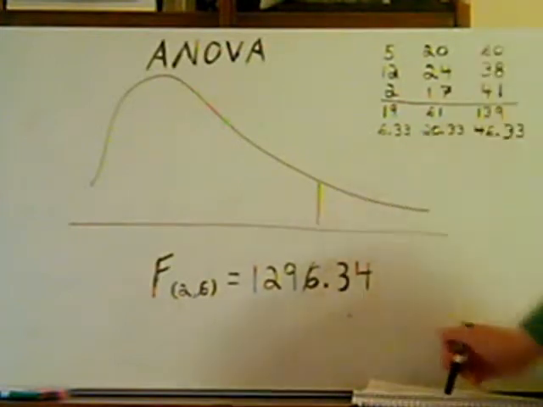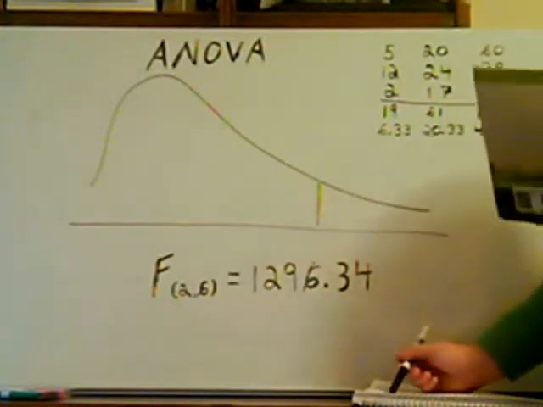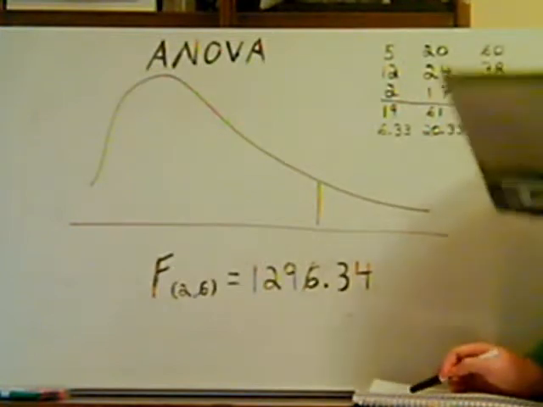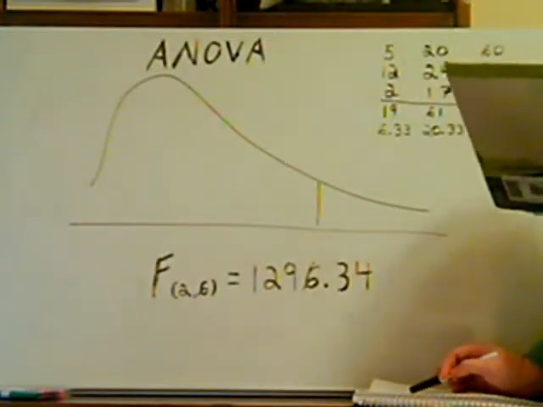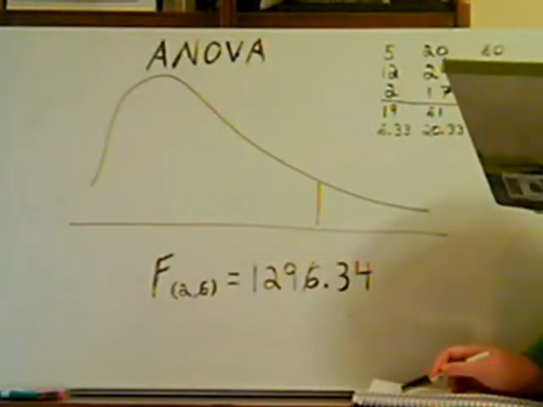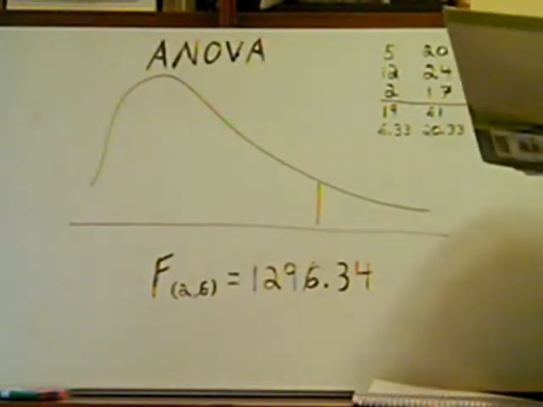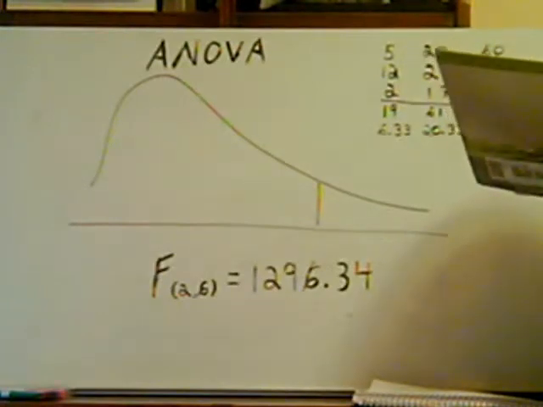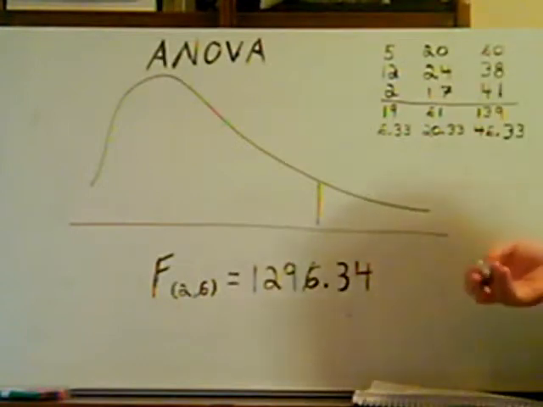So if you look in your book now, we can find the within groups degrees of freedom was 6, and the between groups degrees of freedom is 2. Pull that down, and in order to be significant at the 0.05 level, we need to have an F statistic of 5.14 or greater.